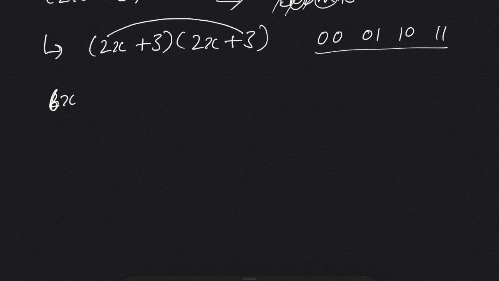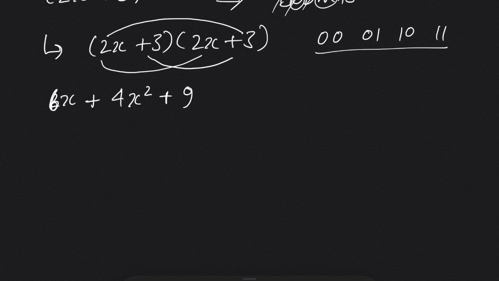We then have out in, so we have 2x multiplied by 2x, so that would be plus, because it's two positives, 4x squared. We then have in out, so a 3 multiplied by 3, it's a positive because we have two positive terms. And then finally we have our in, which will be 3 multiplied by 2x, which equals a positive 6x.